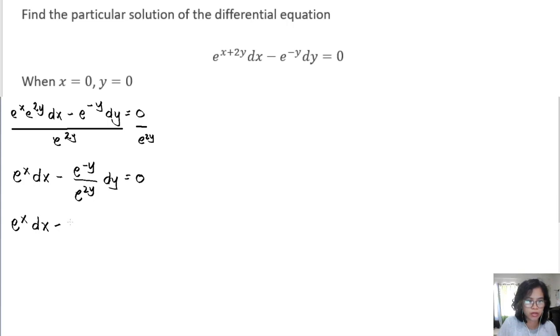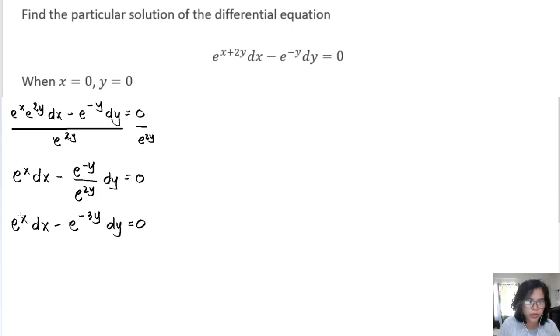And that would become e to the negative 3y. You have to recall your algebra. So now look at this. All the expressions that contain x are put beside dx, and all the terms that contain y are put beside dy.